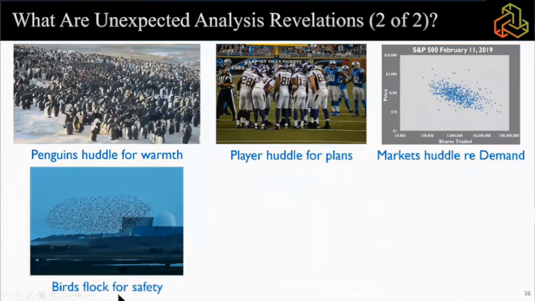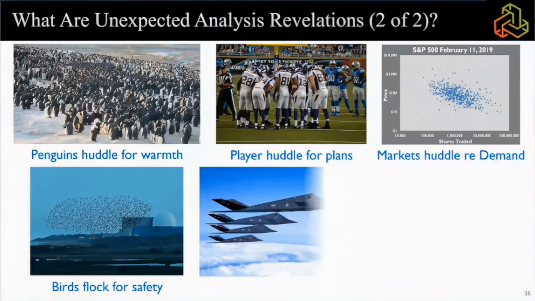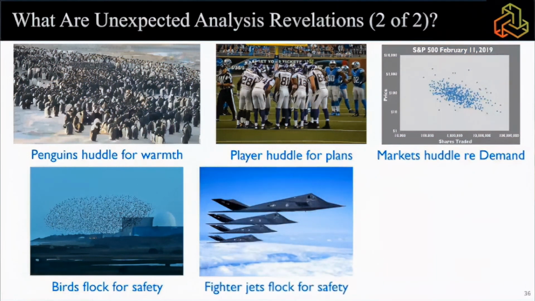So birds flock for safety. This is a sort sol in Europe at a certain day. The starlings flock like this. Fighter planes do the same thing. Safety in numbers. Don't be a straggler.